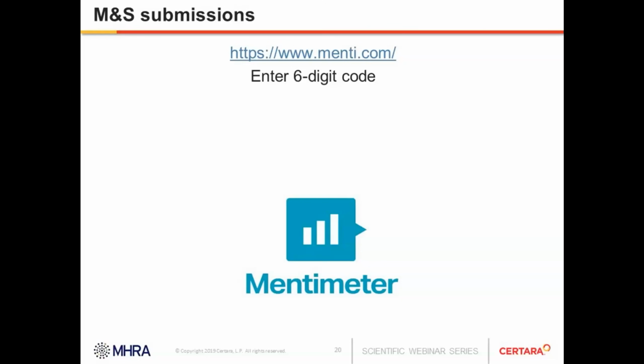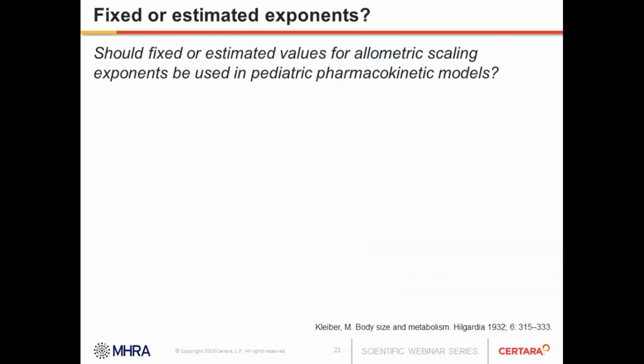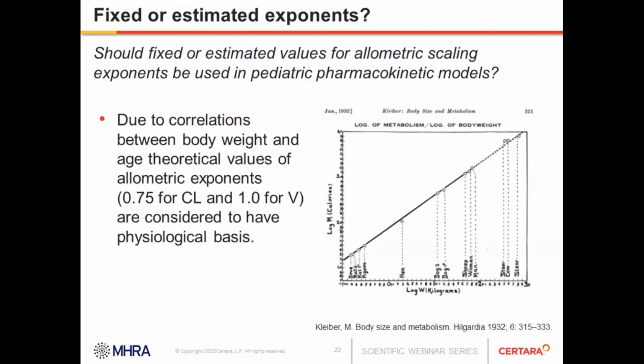Okay. So we're going to move on to the next Q&A from the modeling and simulation working party about whether estimated values for allometric scaling exponents should be used in pediatric pharmacokinetic models. So I've just shown here, of course, the seminal work of Kleiber, who looked at 13 animals and mammals and concluded that the value of the allometric exponent should be approximately 0.75.